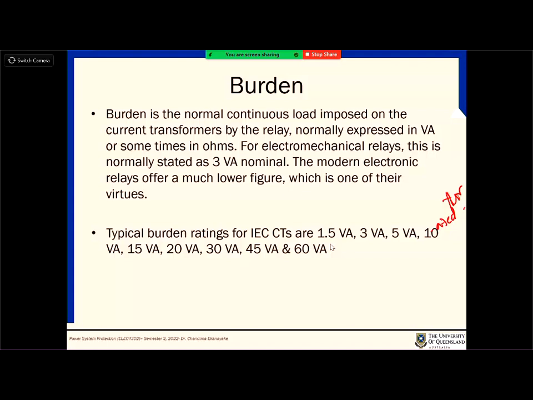So sometimes you don't need to go with very high rated ones, especially when the primary current is low, then you can have a lower rating for the CT as well. So it's different factors, right? Mainly I would say economic factors are one of the driving things there.